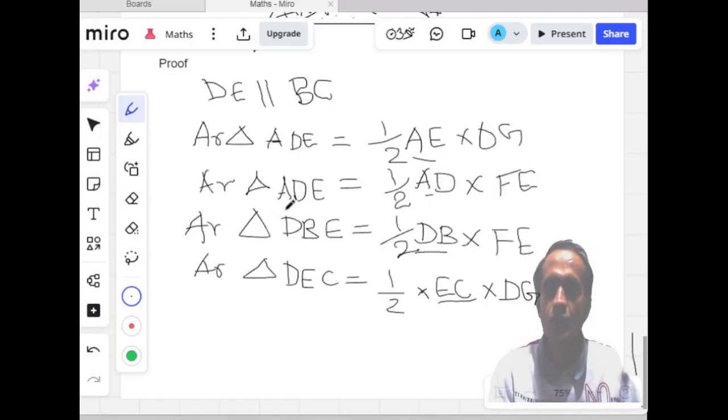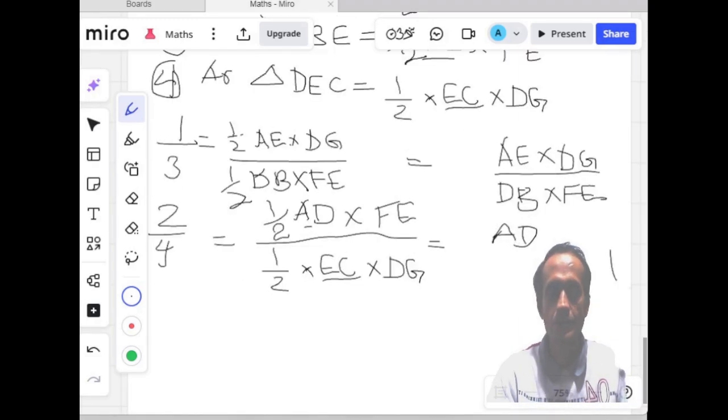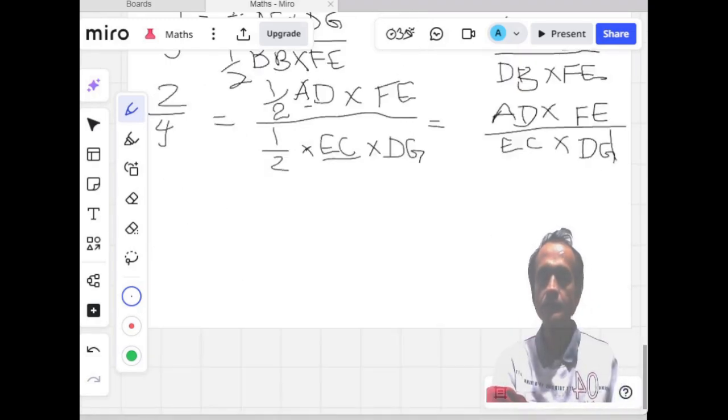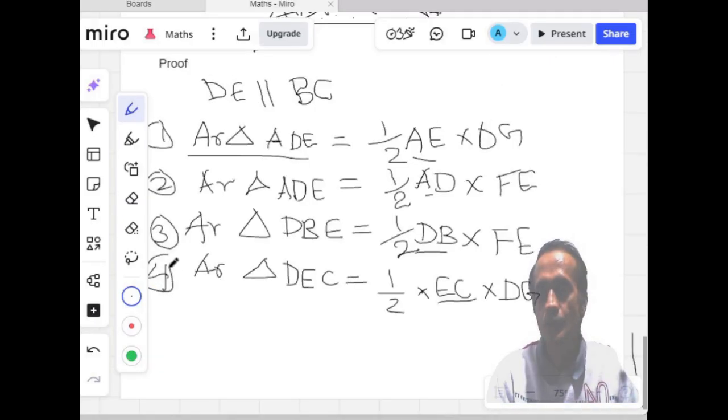So now let us name these equations and divide equation 1 by 4 and 2 by 3.